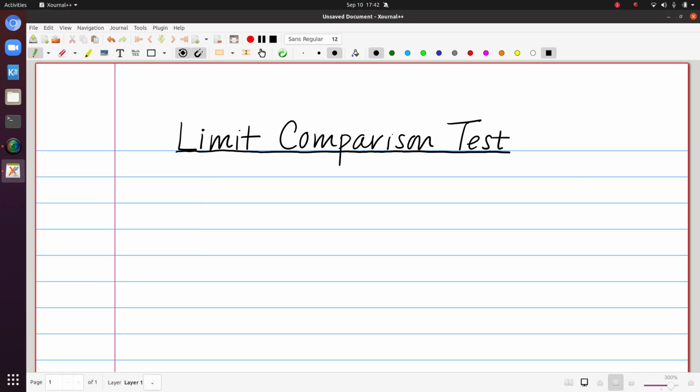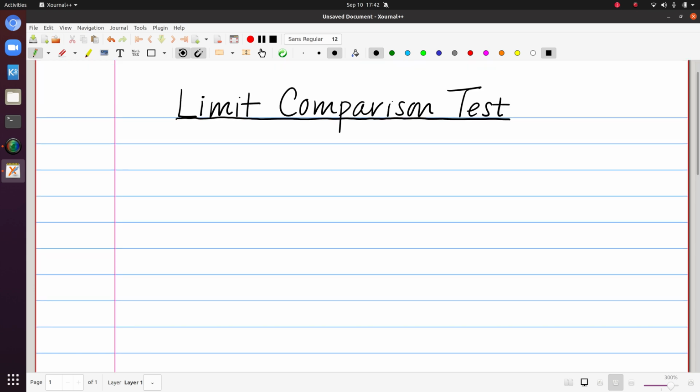In the last video, we left off talking about a situation where we would try to apply the comparison test, but we would fall into a scenario where we don't get a useful result. So we can generalize this where we have the assumption that a sub k is bounded above by b sub k.